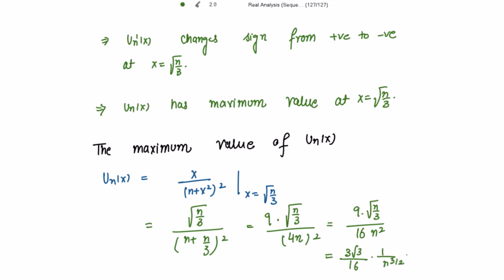Please simplify this. So this implies un x is less than or equal to its maximum value, right? That is 3 root 3 divided by 16 into 1 divided by n to the power 3 by 2. Which further implies that mod of un x is also less than or equal to 3 root 3 divided by 16 into 1 divided by n to the power 3 by 2.